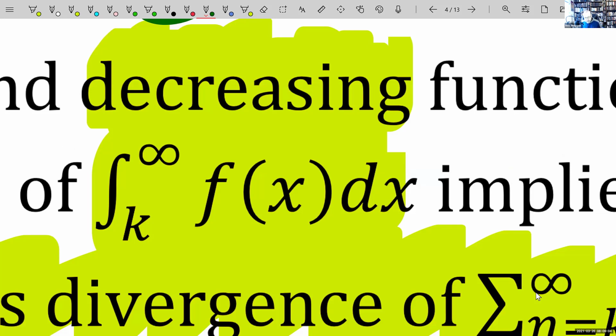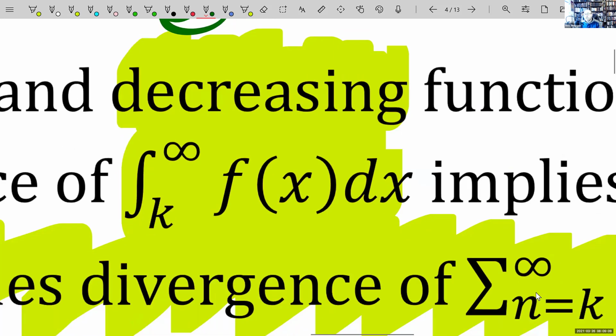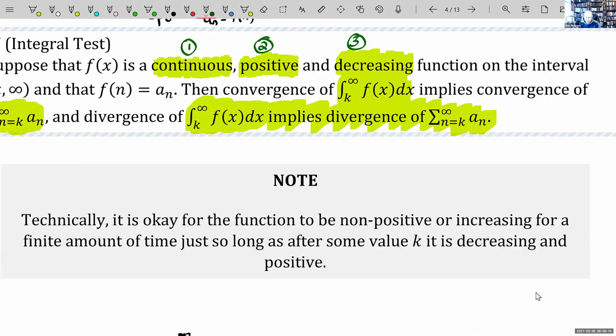So the point of this statement is, it's totally okay for your function that you're going to compare with to be initially not positive or increasing. That's totally fine, just so long as after some point it is decreasing and positive. I hope that makes sense. You can just throw out the first 3 billion terms or whatever it is.